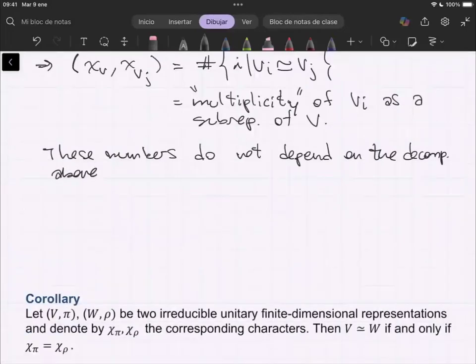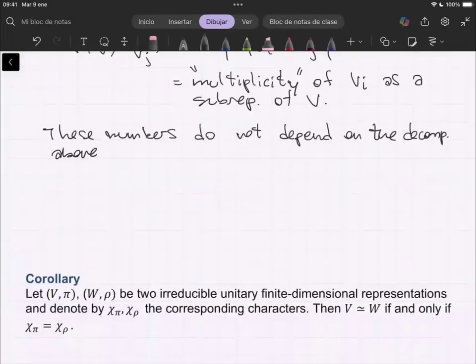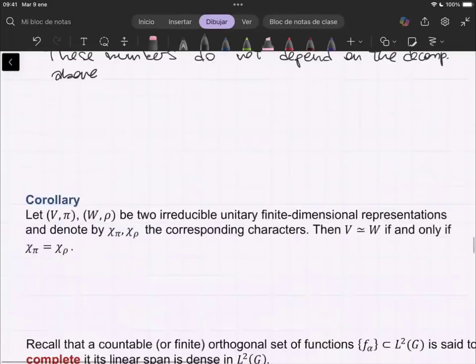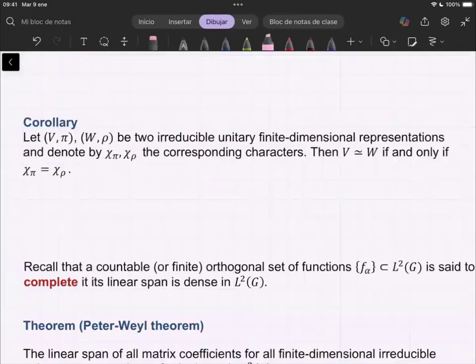So the multiplicity of each irreducible representation in one is the same as the multiplicity of the irreducible representation in the other. How do we compute the multiplicity? By taking the inner product of the characters, so that two representations are isomorphic if and only if they have the same character.